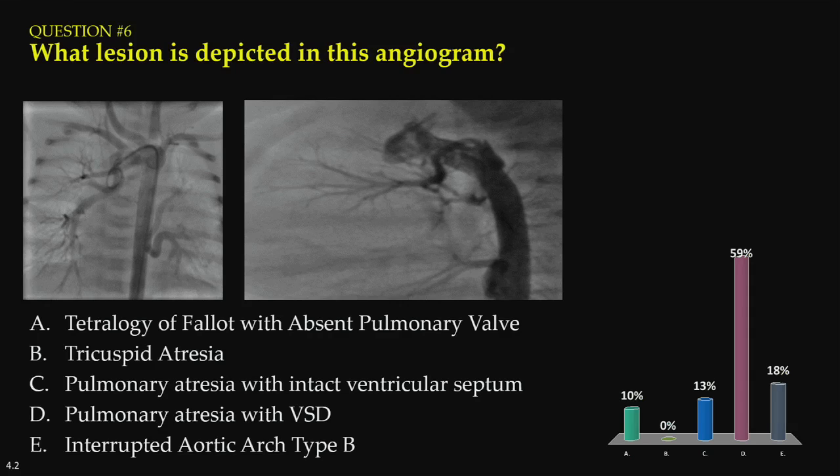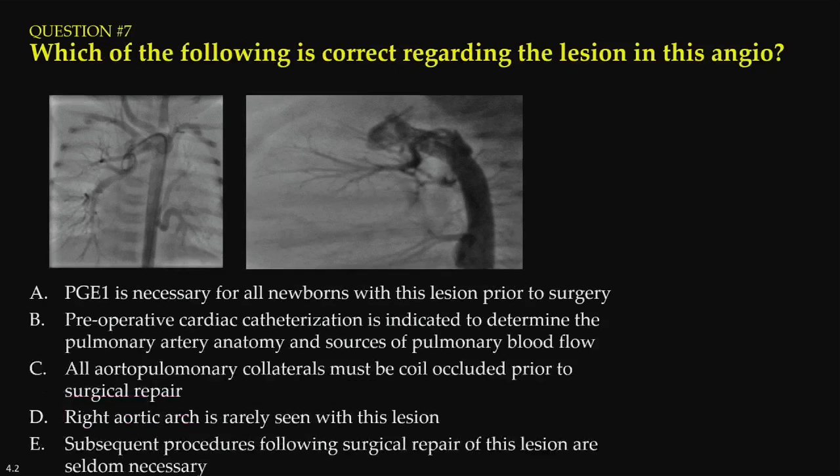So the correct answer was pulmonary atresia with VSD. That's where we classically see this. The pulmonary atresia is typically a lung segment, and we can have either discontinuous or continuous pulmonary arteries. But if we have something like this where there are so many collaterals, we often have discontinuous pulmonary arteries or just tiny central PAs.